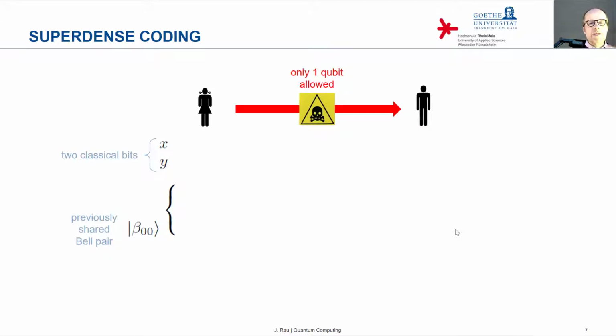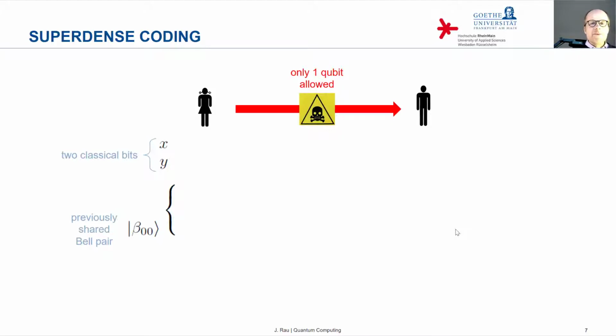Then the necessity arises for Alice to send to Bob two classical bits, and she's only allowed physically to send one qubit. And she can do it with this protocol that we're going to discuss if the two use the previously produced Bell pair.